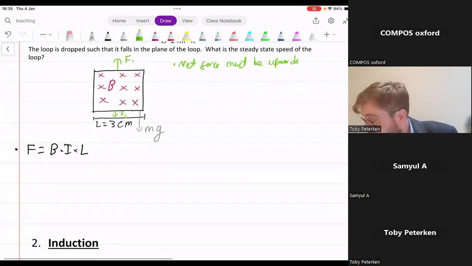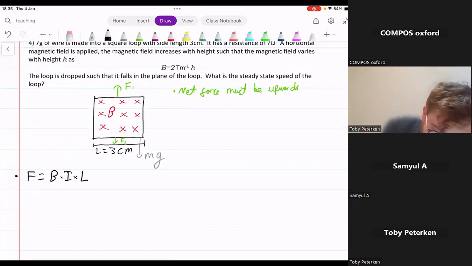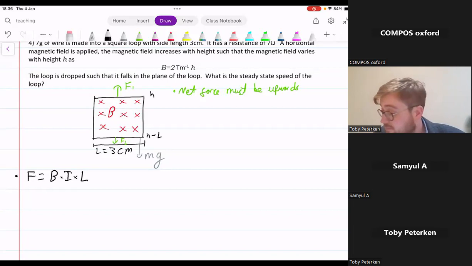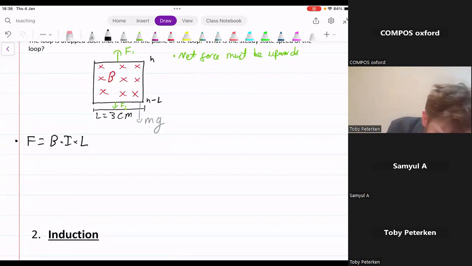Okay. Now let's call the top of the loop height h. The bottom of the loop is therefore height h minus L. So the force from the top of the loop, F1, equals 2hIL.